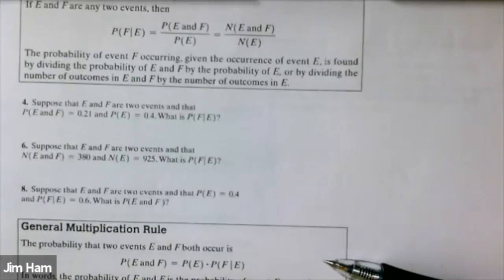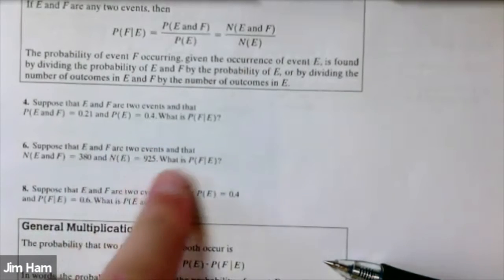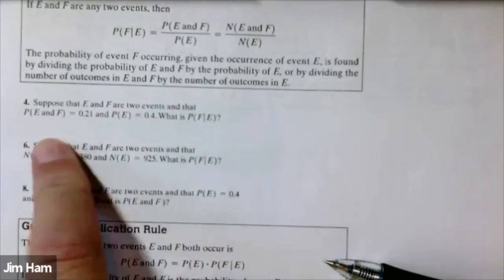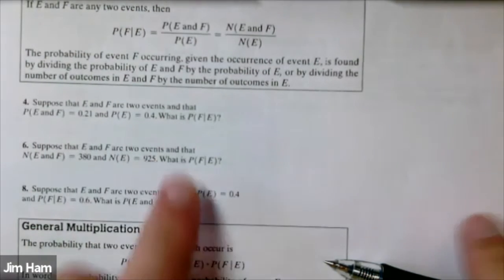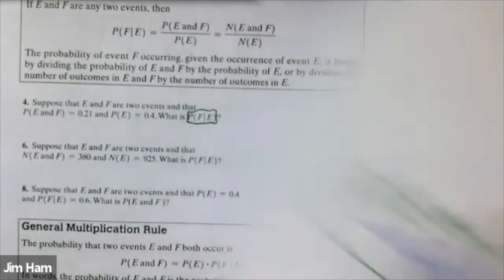This is another one of those, just like you started your group work today, where I gave you some things that look like this, where they have the P of this and P of that, and gave you some numbers for them. Whenever you see something like this, then try to use a formula. And for this one, it's the conditional probability formula. So here it is. And let me go back to it to refresh your memory.